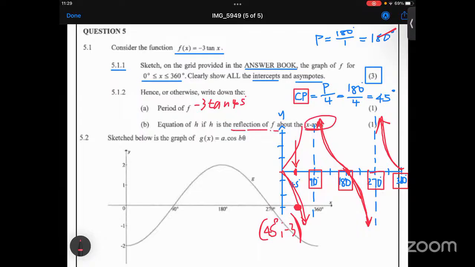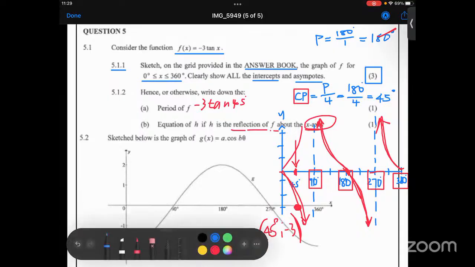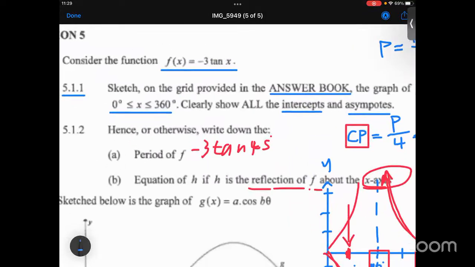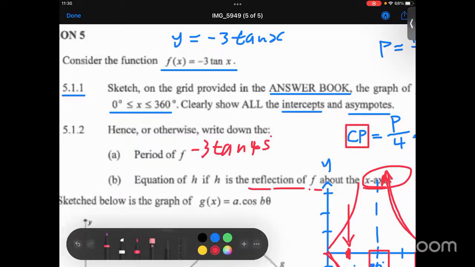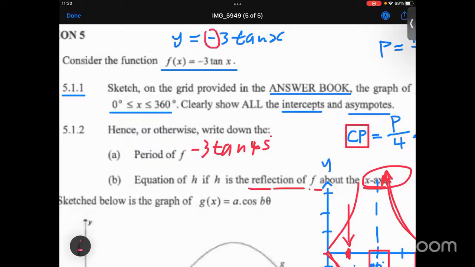You remember, we said when it comes to a reflection, you just change the sign. So this being y equals -3 tan x, when it reflects about the x-axis, you just change the sign of the amplitude. So it will now be y equals +3 tan of x.